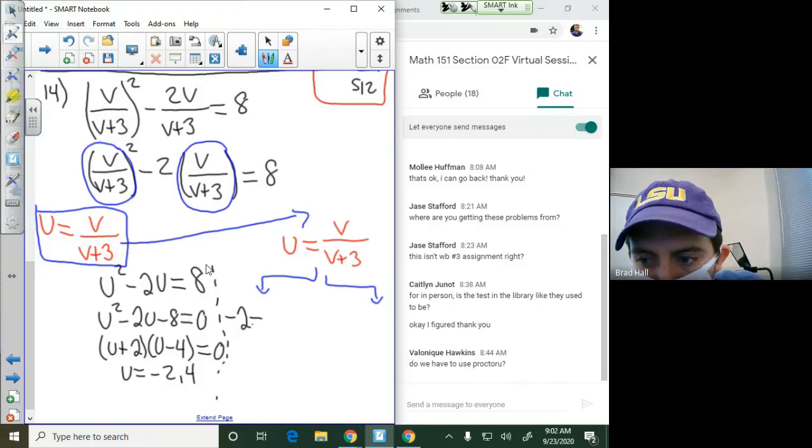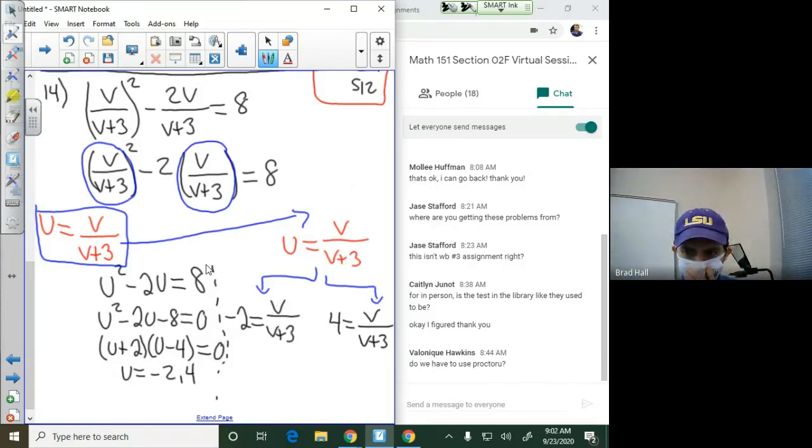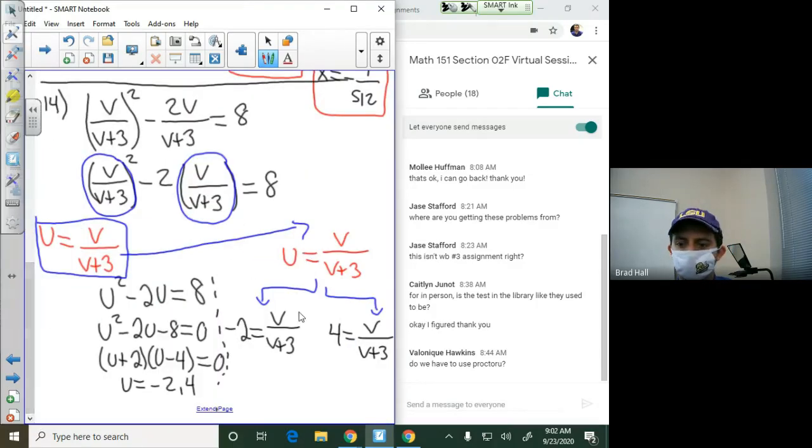So -2 is equal to v over v plus 3, and 4 is equal to v over v plus 3. In both instances, we will cross multiply.